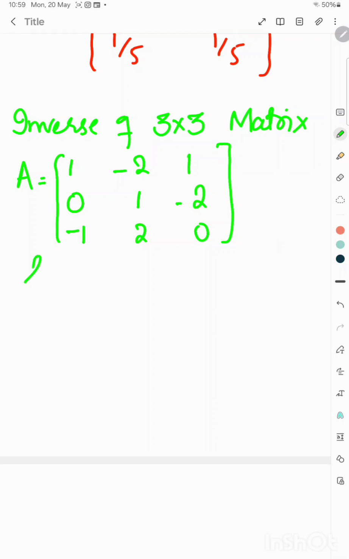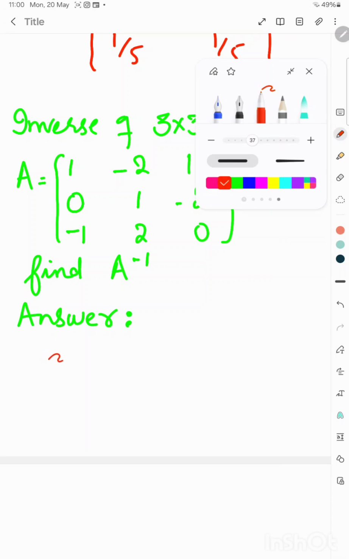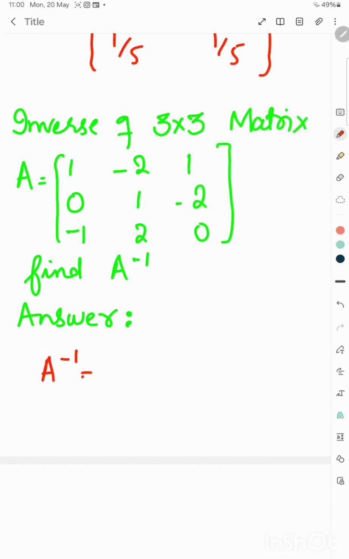And what we have to find here is A inverse. So how will we find A inverse? The process will be different from finding the inverse of a 2 cross 2 matrix, but the formula will be the same. As you know, the formula we use to find the inverse of any matrix is adjoint of A divided by A determinant.